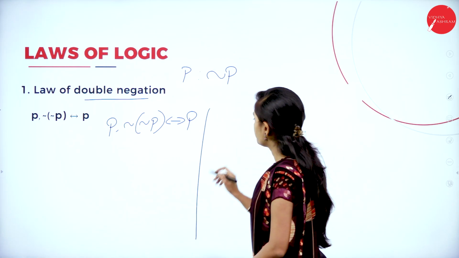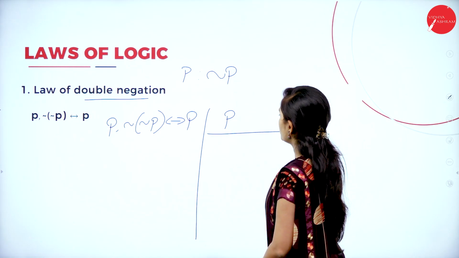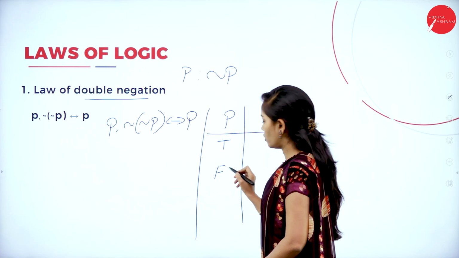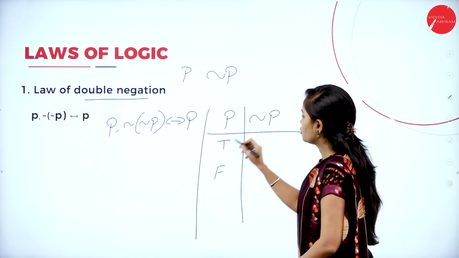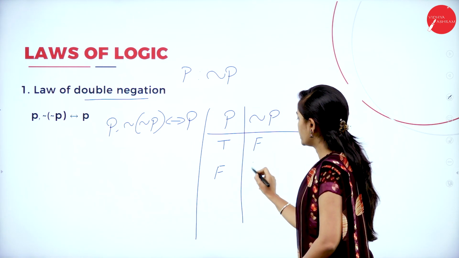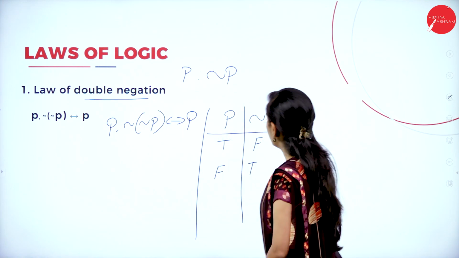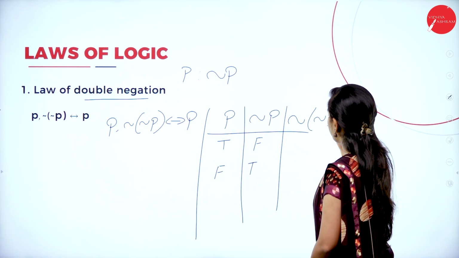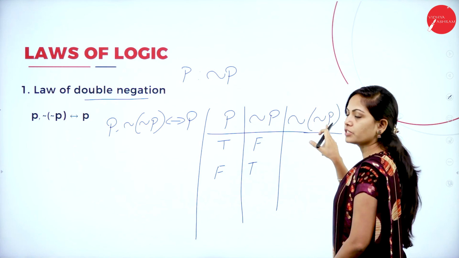So example, I have one proposition called P. So what is the truth value of this P? True or false, right? So what is the negation of this P? True changes to false, false changes to true. Now, this is double negation. So again I will find out negation of negation P. So this is negation P. What is the negation of negation P?